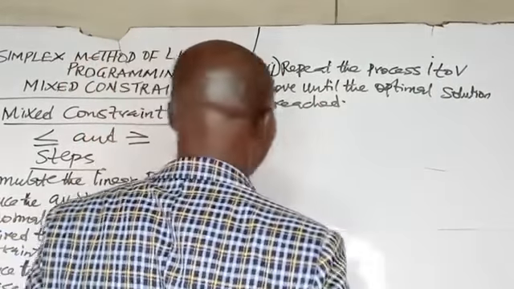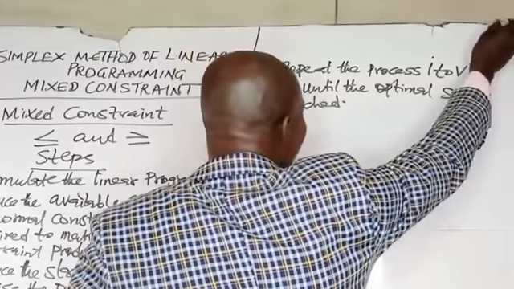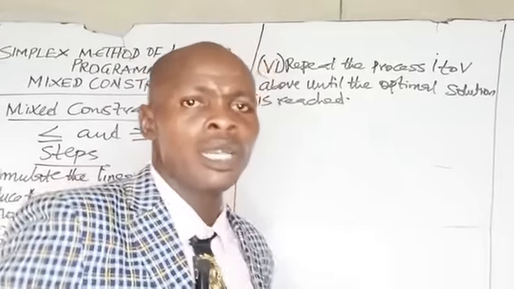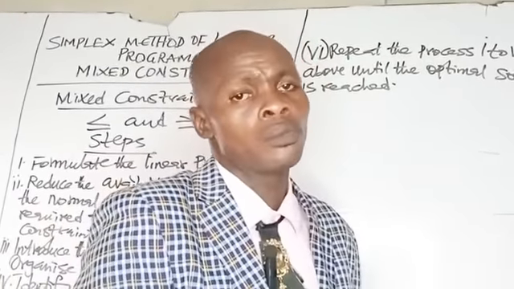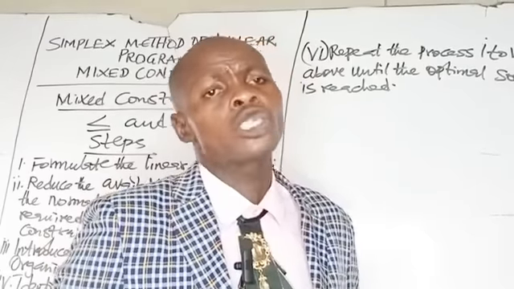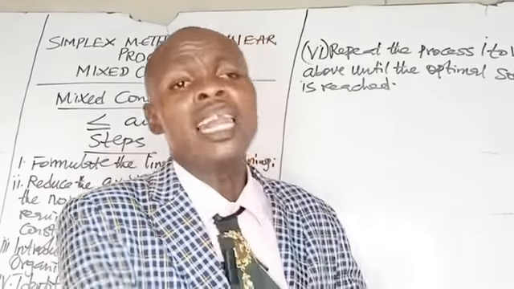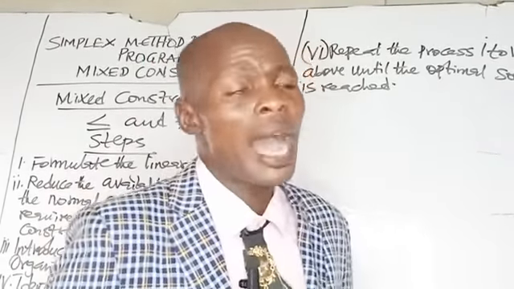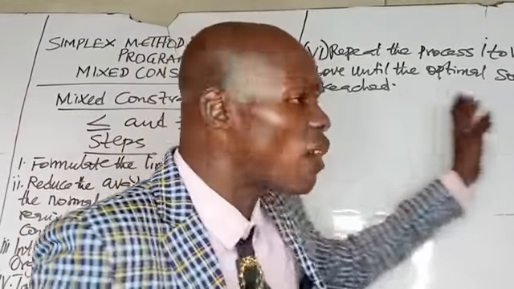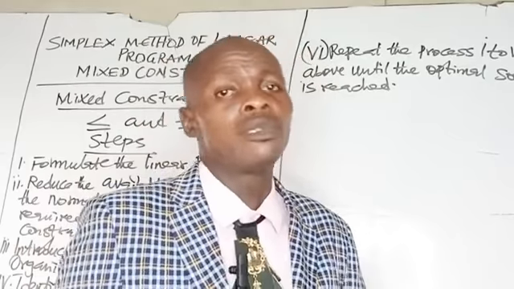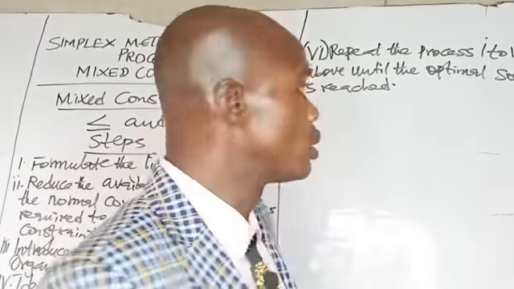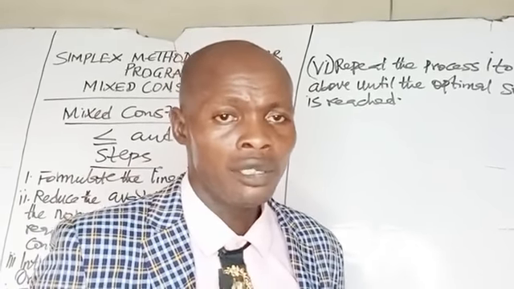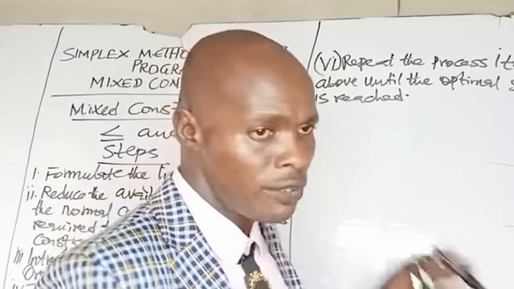I've told you that the optimal solution is reached when all the values in the objective function row are either zeros or negative. Every element in the objective function row should be 0 or a negative value. At that point, you know the optimal solution is reached. These are the steps for solving linear programming involving mixed constraints with the first method.